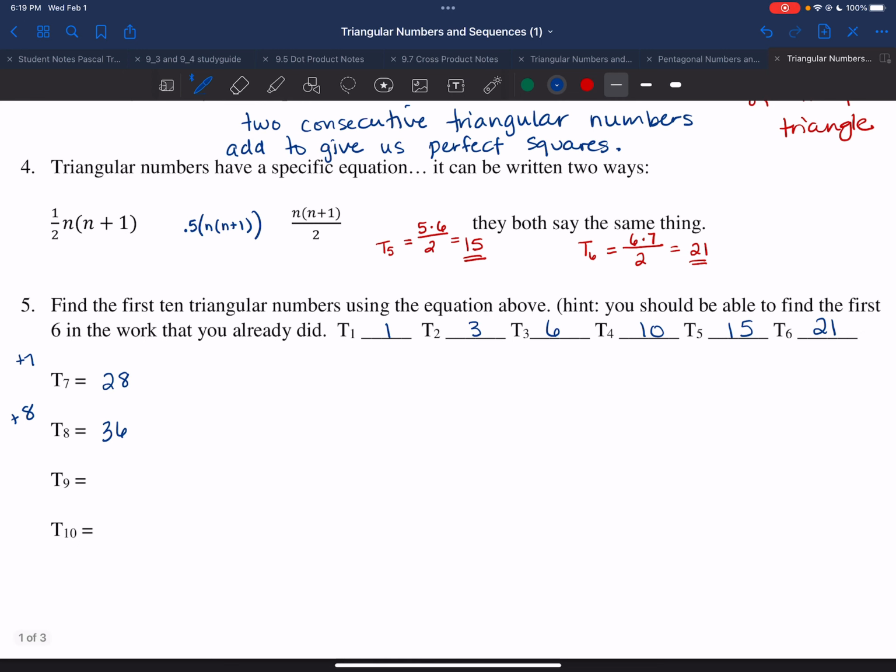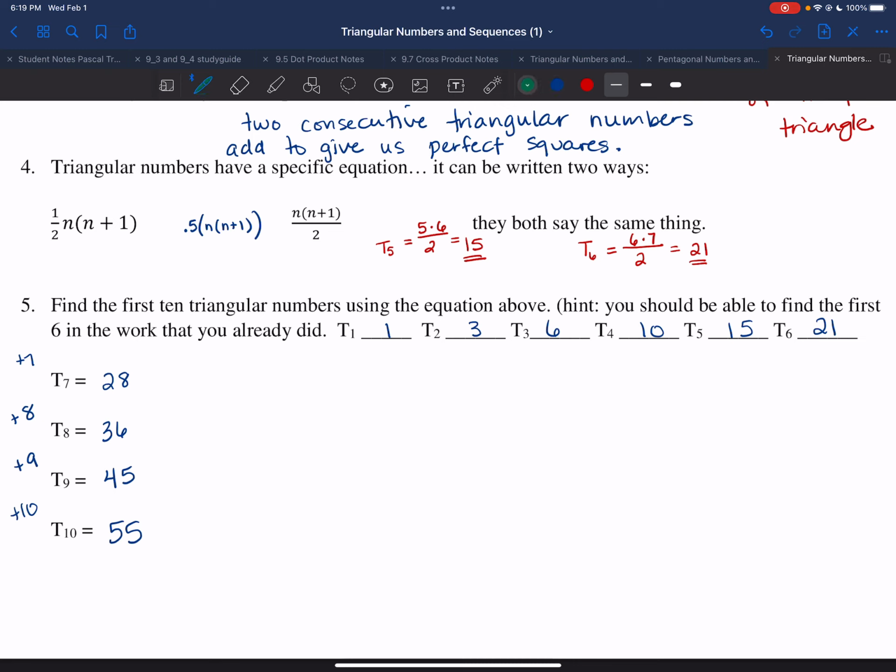If I take 36 and I add 9, I end up with 45. And if I take 45 and add 10, I end up with 55. Well, that's great, but let's go ahead and see if our formula backs up this trend. We know it does. It's shown success, but we want to give you some practice doing those numbers.